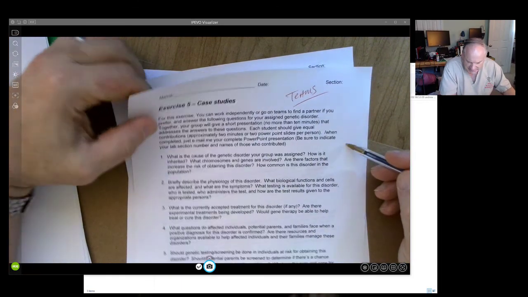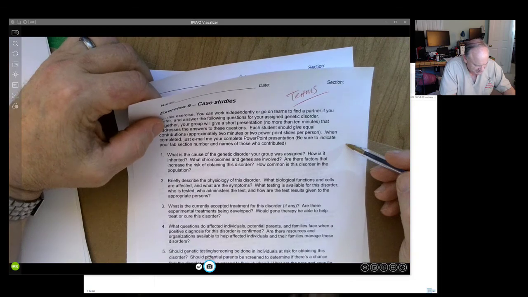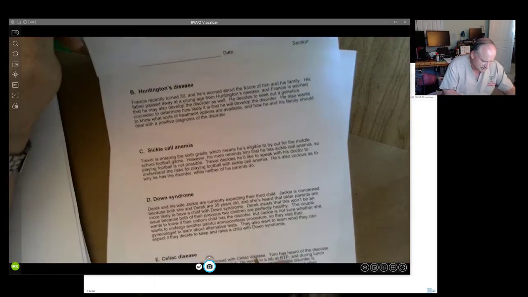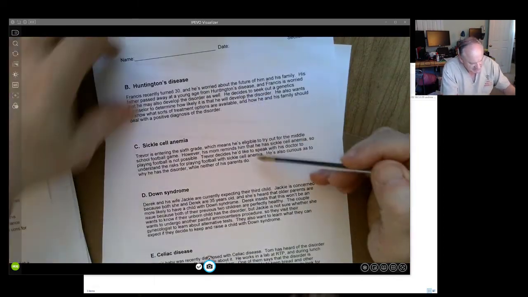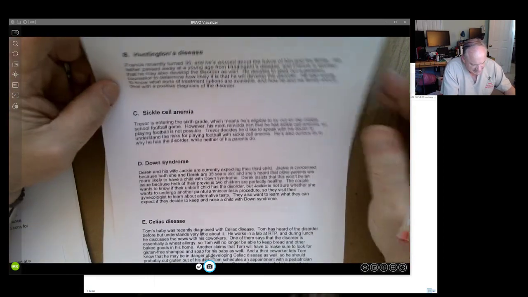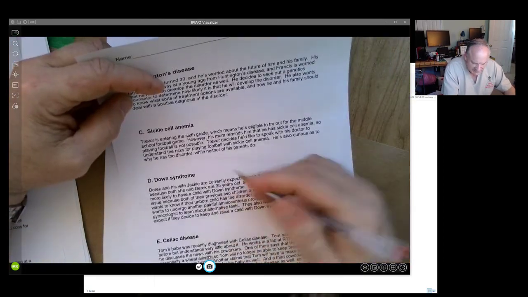I'm just asking you to make a PowerPoint presentation and choose one of these scenarios. It could be cystic fibrosis, Huntington's disease, sickle cell, Down syndrome, or celiac disease. Just do a PowerPoint on one of these diseases.